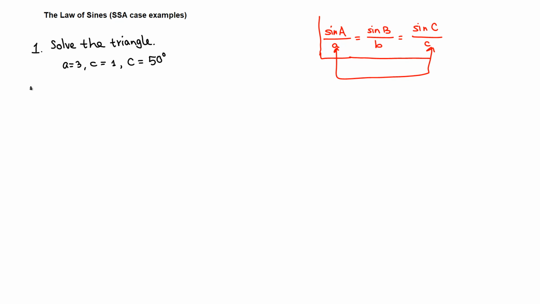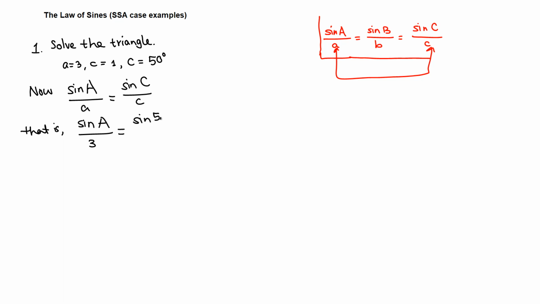That is sine A over a equals sine C over c. That is sine of angle A, that is to be determined, over 3 equals sine 50 degrees over c, which is 1.